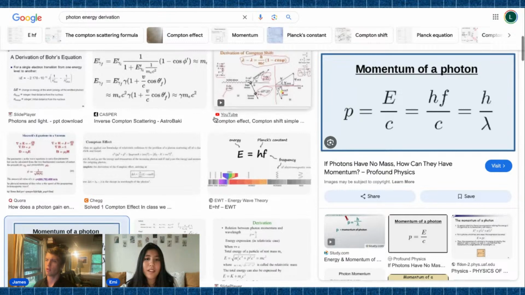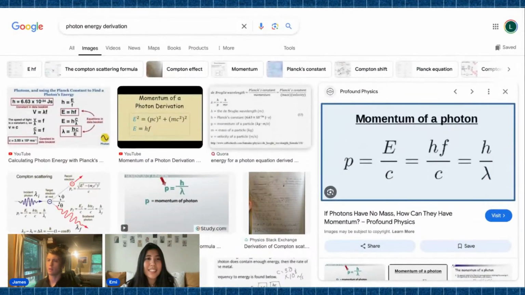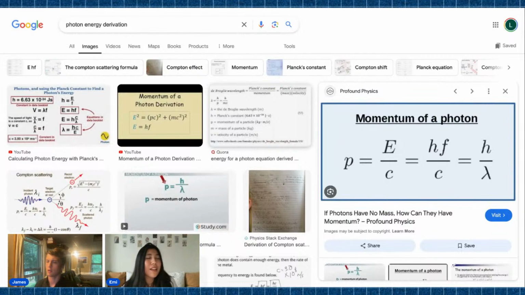Where does it get its wavelength from? The wavelength of a photon is determined by, if you look at the photoelectric effect, or rather maybe the double slit experiment, you can see this fringe pattern.